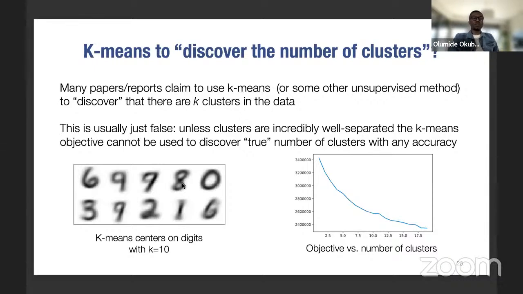But yeah, one of the things is people say that we use k-means to discover the number of clusters. It's usually false, right? It's very difficult to discover the number of clusters. It's very difficult to say this is the number of clusters that we have. And sometimes you have to do it by hand.